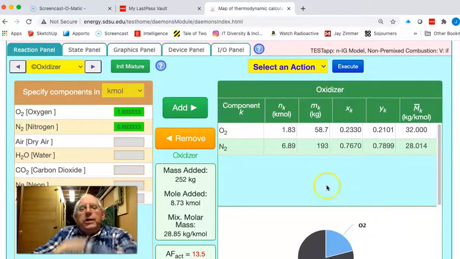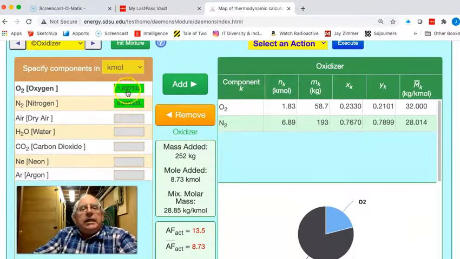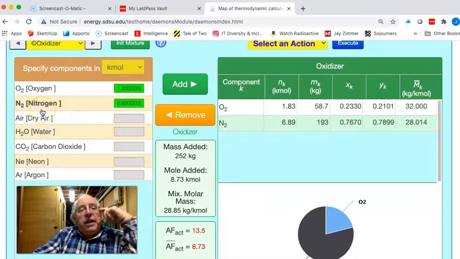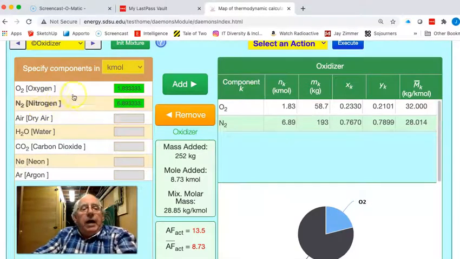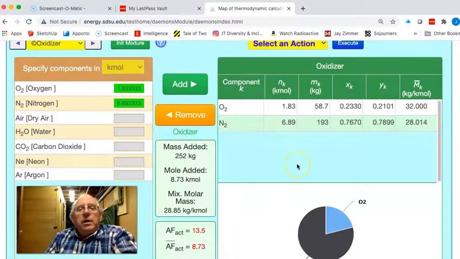And so upon doing that, what has happened is one has seen that the oxygen and the nitrogen have been included, and just enough for there to be complete combustion.